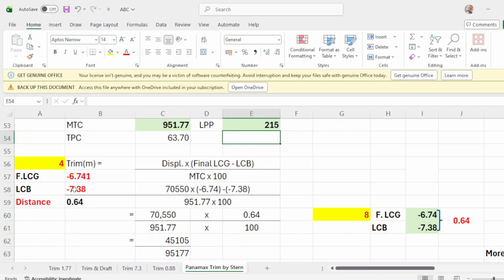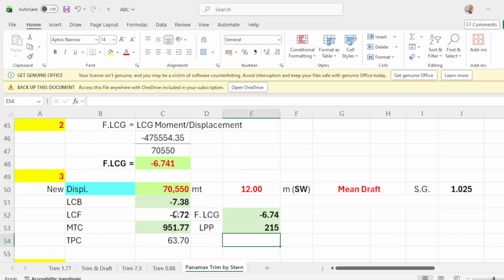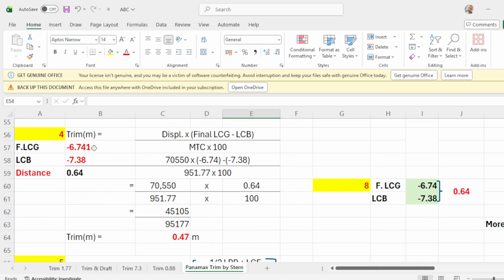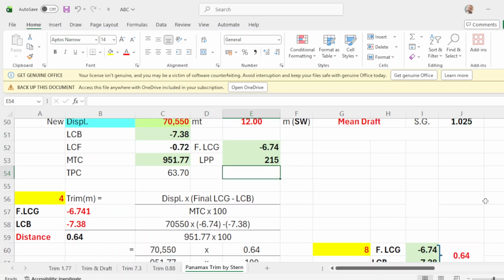And you will compute now for the trim of the vessel. After you take out all the figures here, then you go to number 4, you now compute for the ship's trim or corrected trim or change of trim. I put here, final LCG is 6.74.